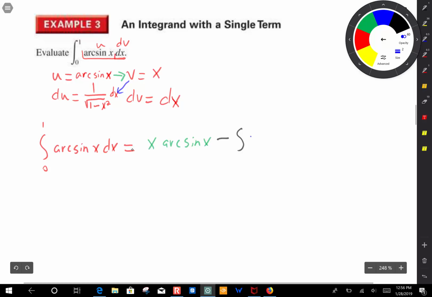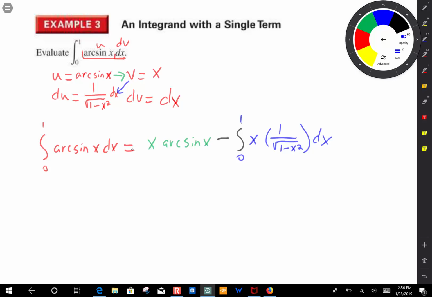So it's going to be x times 1 divided by the square root of 1 minus x squared dx. Okay? And again, we're integrating from 0 to 1. All right? So there it is. It's set up. Okay?